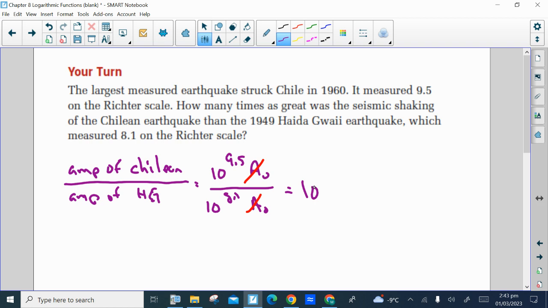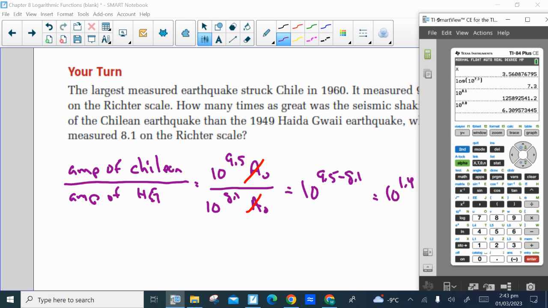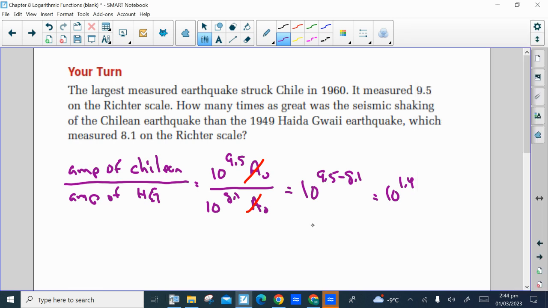To divide those, we're dividing powers with the same base, so we subtract the exponents and keep the base the same. That'll be 10 to the power 1.4 times as intense. And 10 to the power 1.4 is approximately 25.1 times as intense.